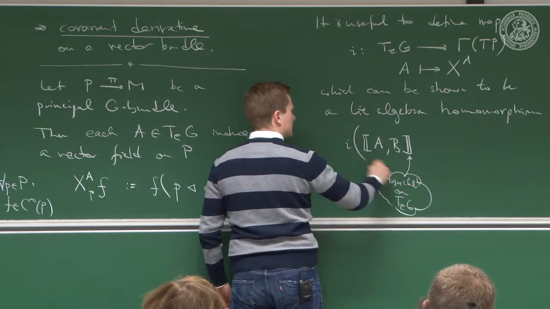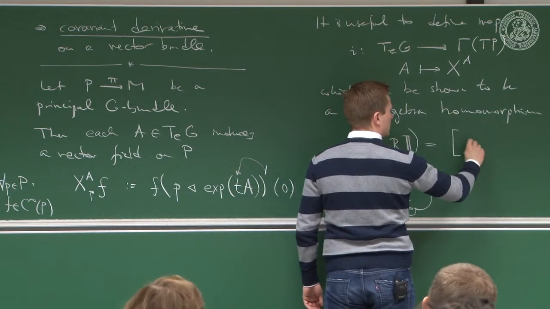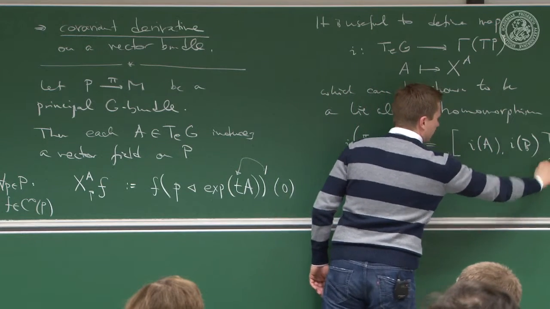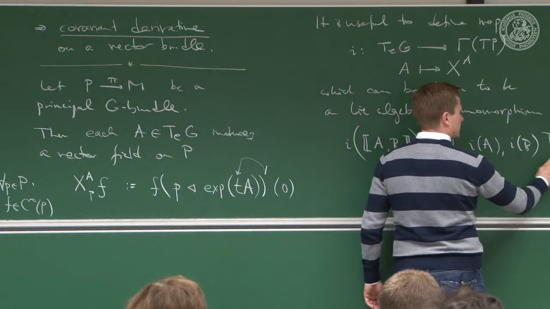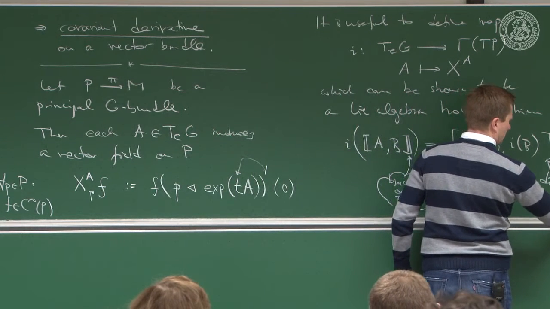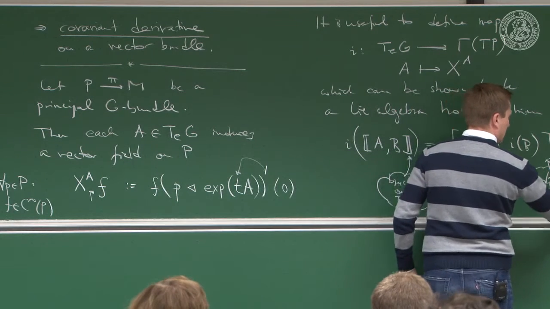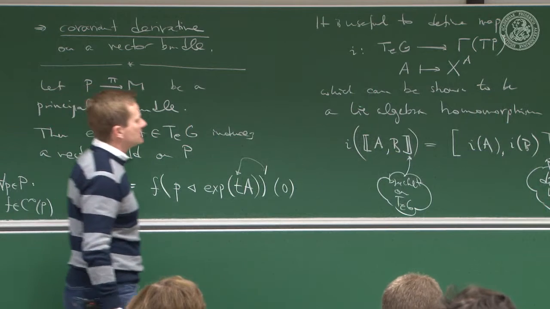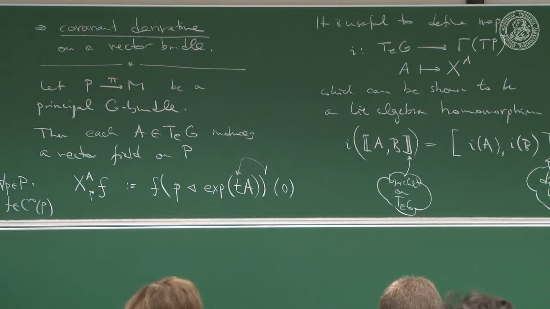And I can take the result and map it by I, and I find that I could have mapped the individual Lie algebra elements by I, and then taken the differential geometric Lie bracket of the resulting vector fields. And this, of course, constitutes a Lie algebra homomorphism, and we're going to use this.